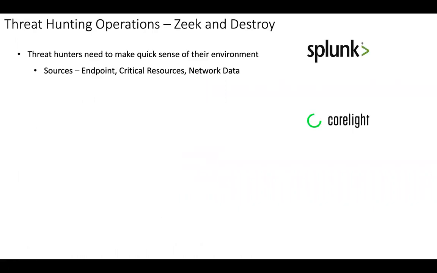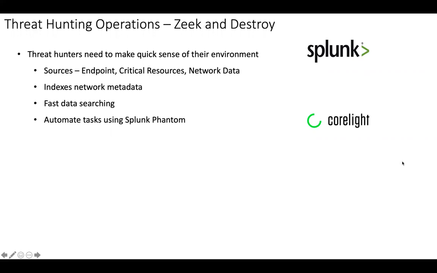Threat hunters need access to a myriad of different data sources, including host and network level data. Splunk indexes all this data so they can provide fast results. The key as a responder is to get answers to your hunting questions quickly.